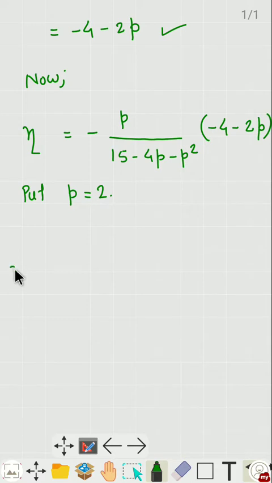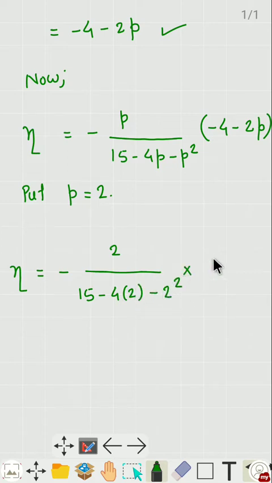Therefore eta is equal to minus 2 divided by 15 minus 4 into 2 minus 2 square, into minus 4 minus 2 into 2.